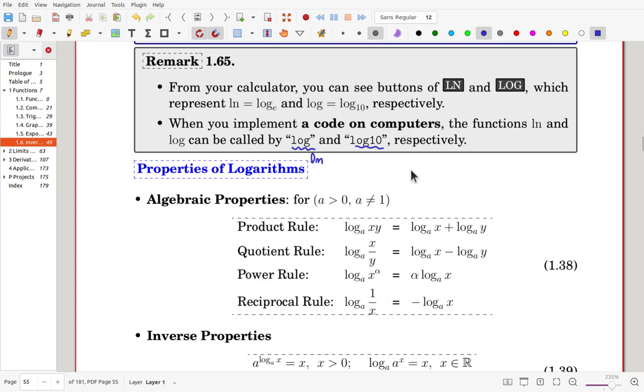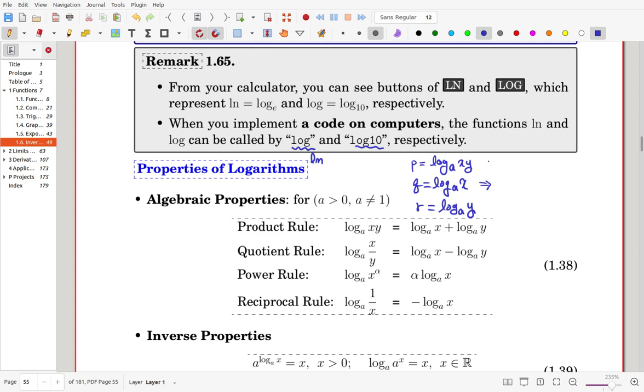Let's begin this way. Say p equals log base a of xy, q is log base a of x, and r is log base a of y.